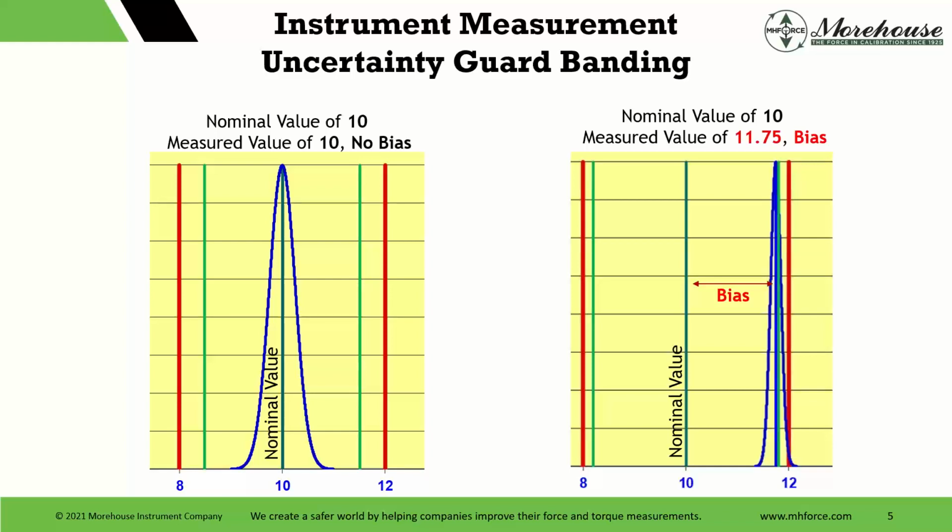On the right, we have a nominal value of 10 and a measured value of 11.75. As you can see, it's plus 1.75 from the nominal value. We've drawn a little curve that would have some repeatability conditions and measurement uncertainty and all that fun stuff in that normal distribution. That's what we're talking about.